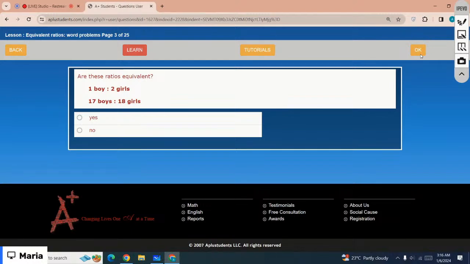No, they are not equivalent. Got it? The correct option is no, they are not equivalent.